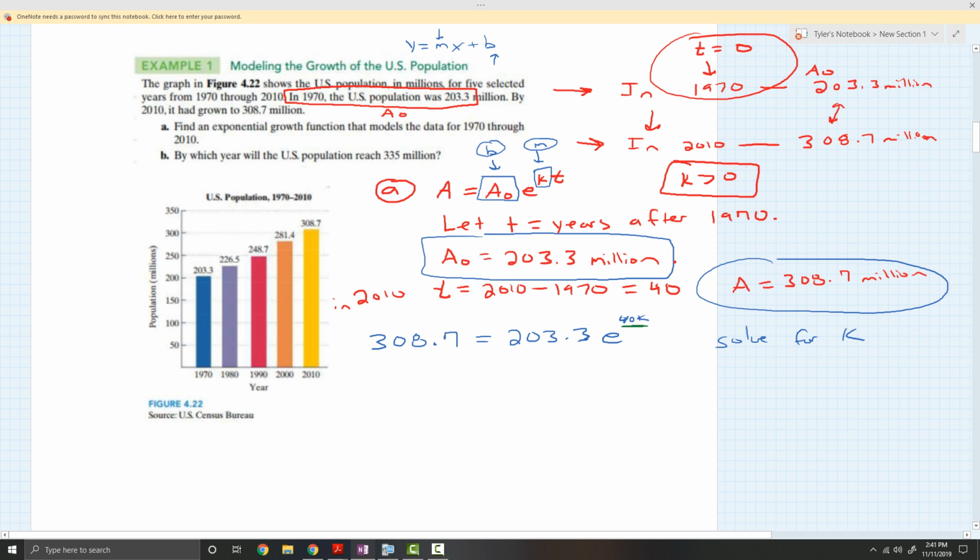So if you notice, I basically have a number times e to some power, and then equals some number over here. It'd be really nice if I could get it in this form: some number equals e to the 40k. I can do that by dividing both sides by 203.3.